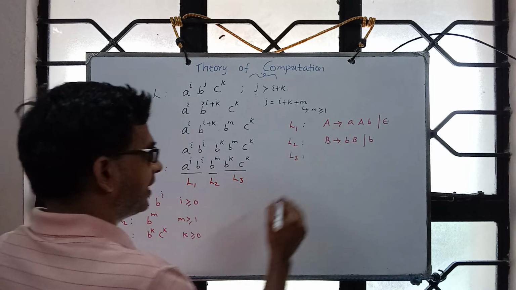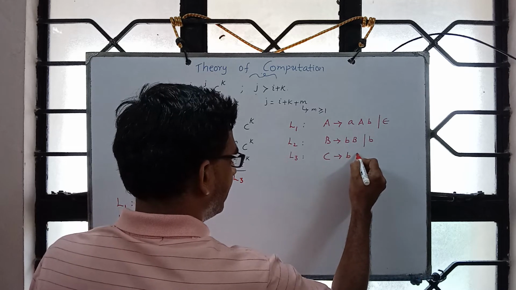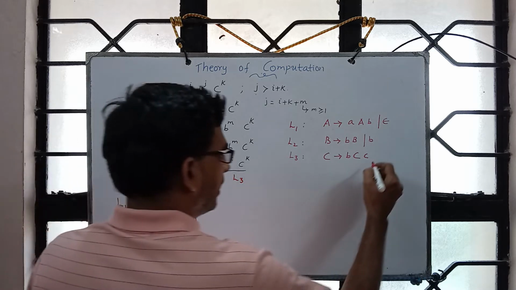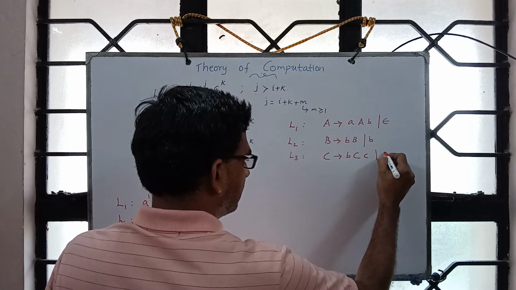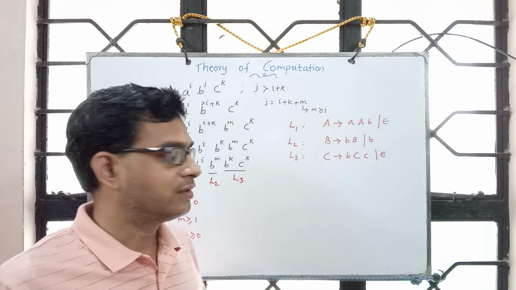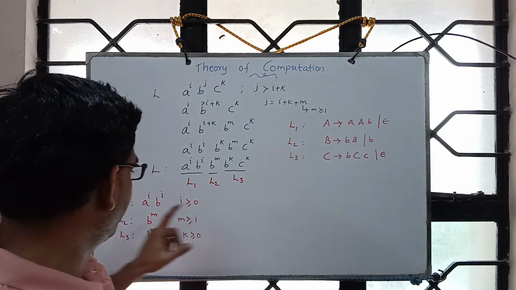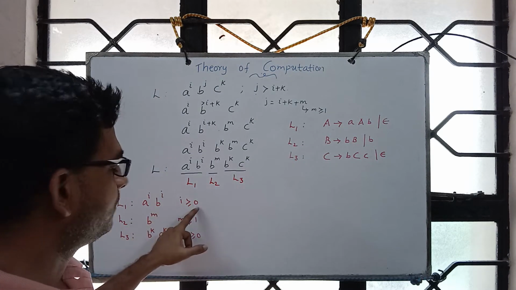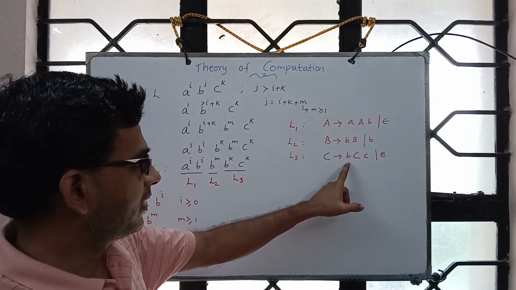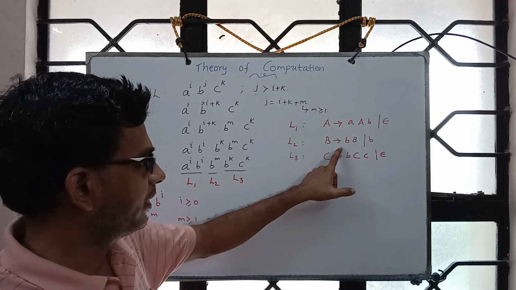And L3 says capital C implies small b, capital C, small c. And C can be epsilon, so we allow this. Fine. Hope you are all with me? This gives you a^i b^i, and this gives me b^k c^k, and this gives me b^m.